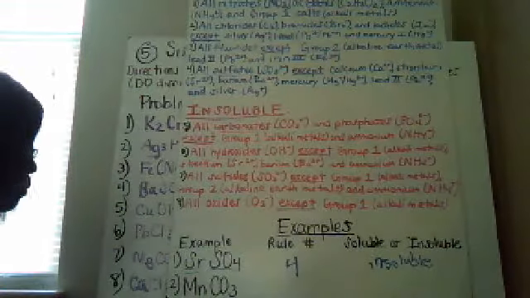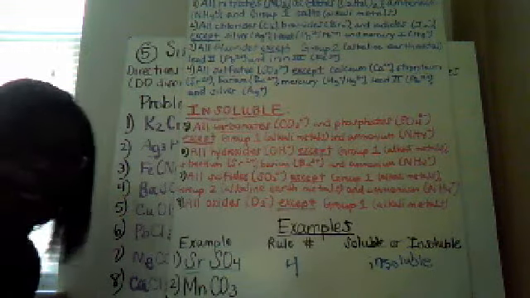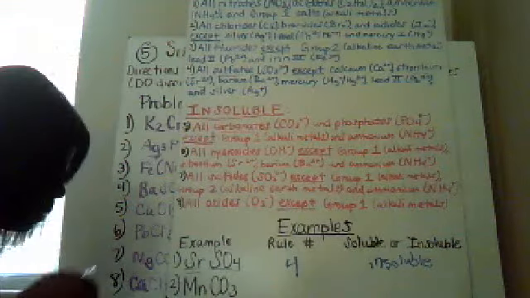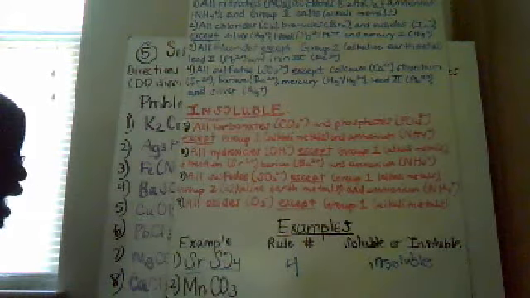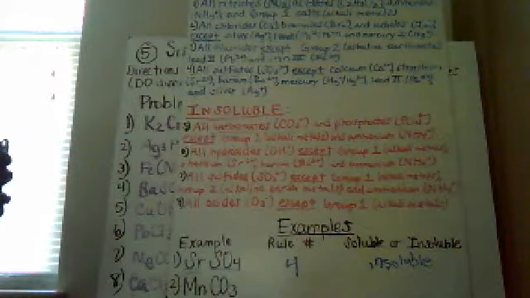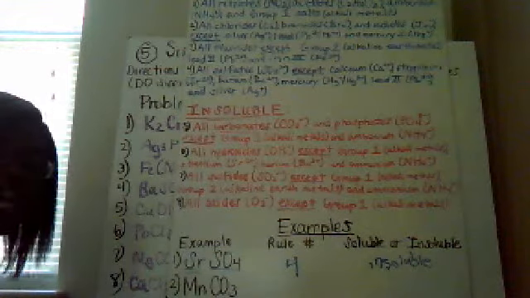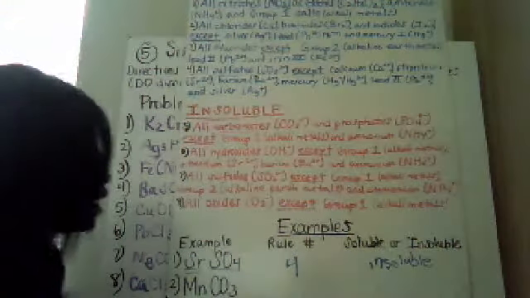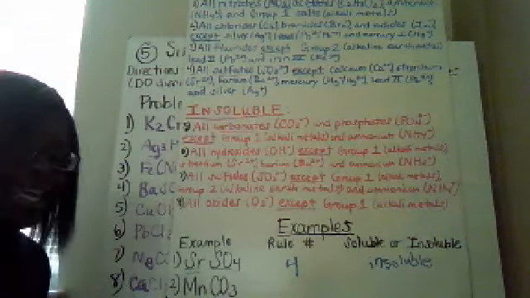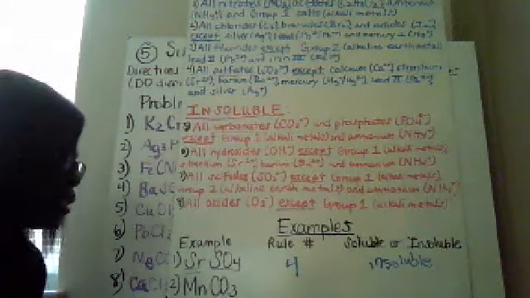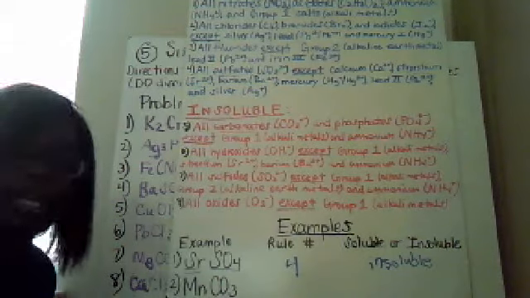So then we go to manganese carbonate. And carbonate is part of your insolubility rules. However, if you read, all carbonates and phosphates are insoluble except when bonded with your alkali metals and your ammonia. So manganese is not a part of any of those exceptions, so this also is going to be insoluble.